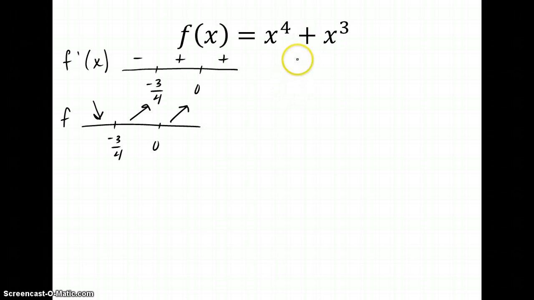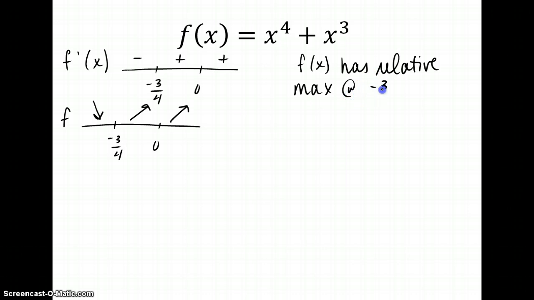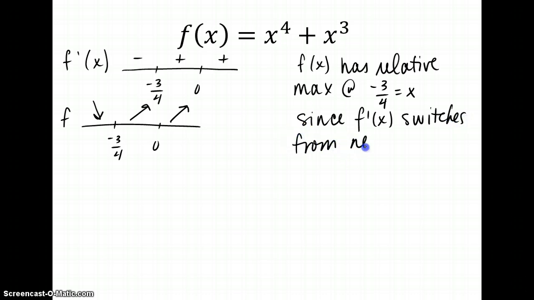Looking at the sign change, f of x has a relative max at negative 3/4, since f prime of x switches from negative to positive.